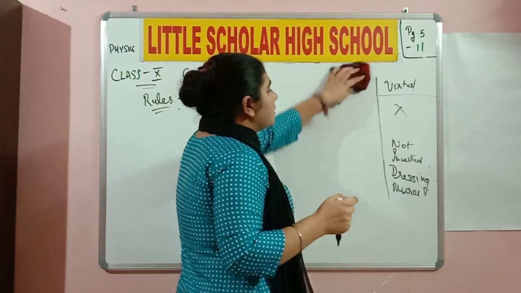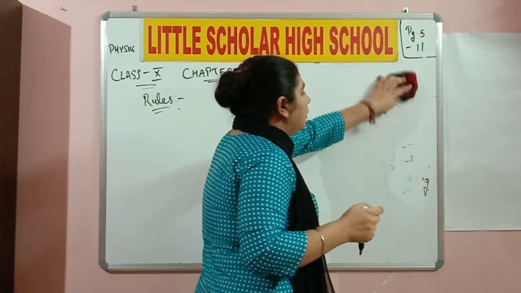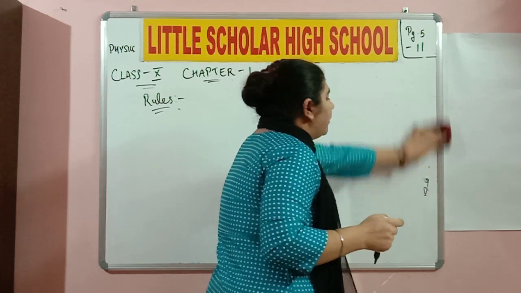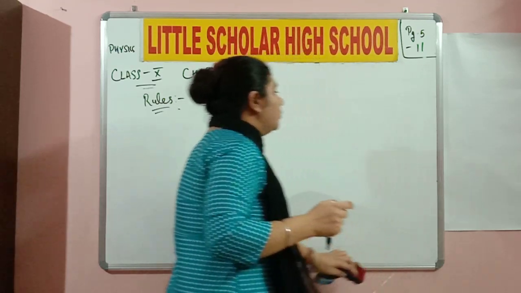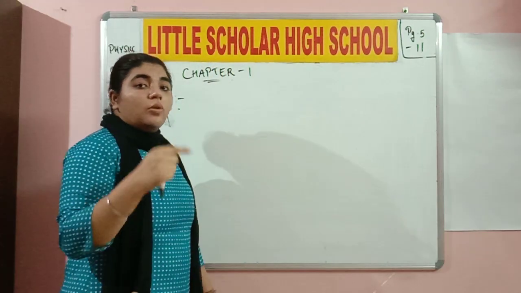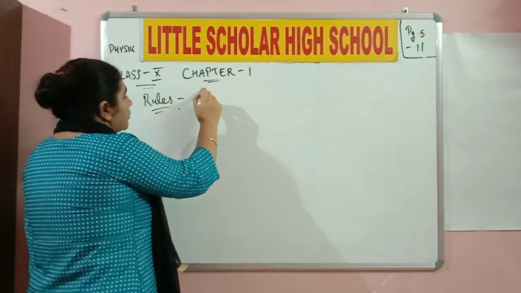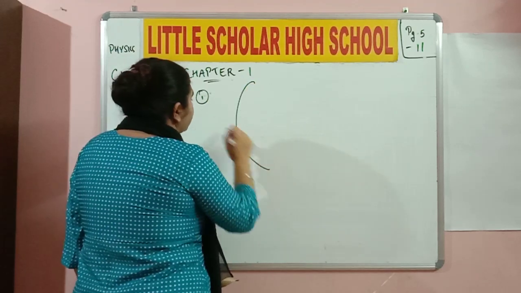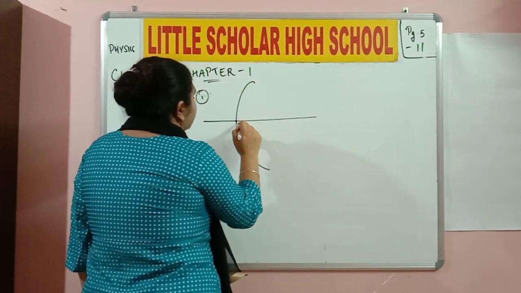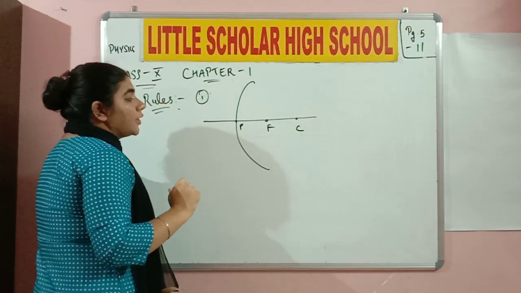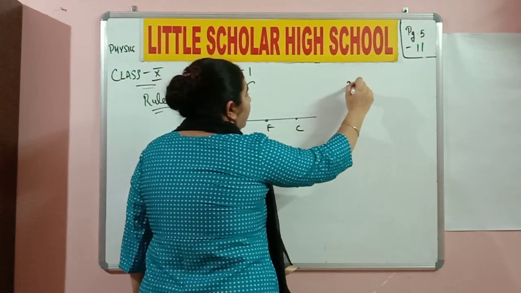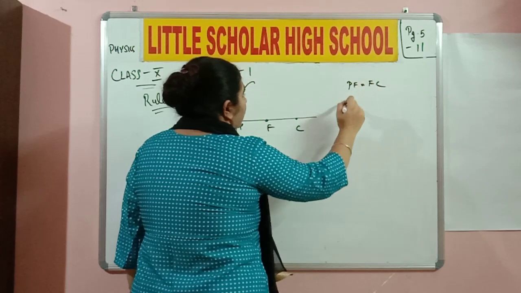Fine. So there are certain rules that you need to consider while you are drawing the ray diagrams. There are 3 important rules that we will study right now, and we are discussing the concave mirrors. The first one: if this is the concave mirror, this is the pole, this is the focus and this is the center of curvature, you need to understand that PF is equal to FC.